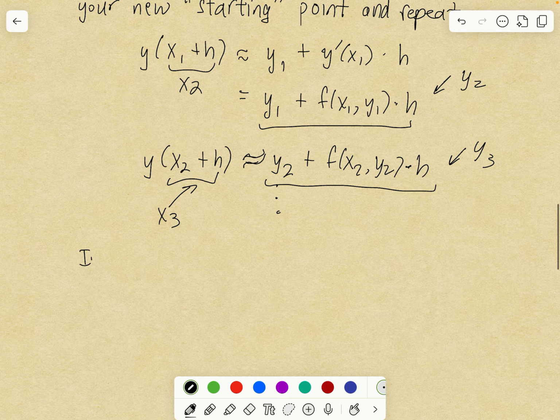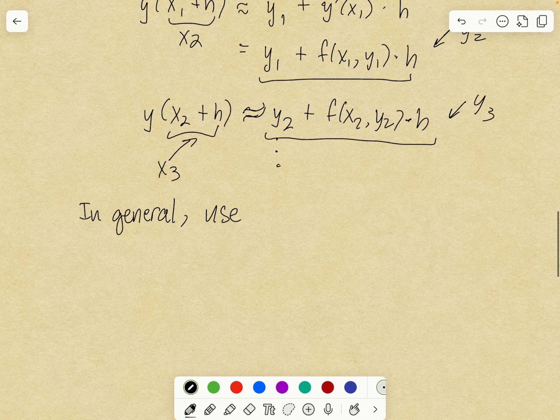So in general, x1 was x0 plus h, x2 was x1 plus h. I mean, your next x value is just what you get when you add h. So you get x sub n plus 1 equals x sub n plus h.